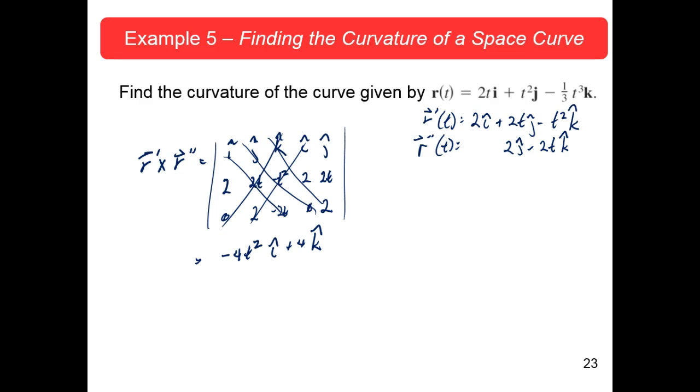A minus 4t squared i from here, 0j plus 4k. Then the up diagonals give a 0 for the k plus 2t squared i.